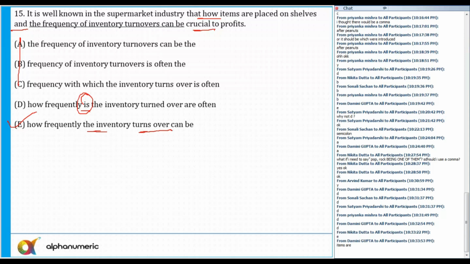What turns over? The inventory. How frequently the inventory turns over? I think this one is better. E is better, not D. I will go with E.